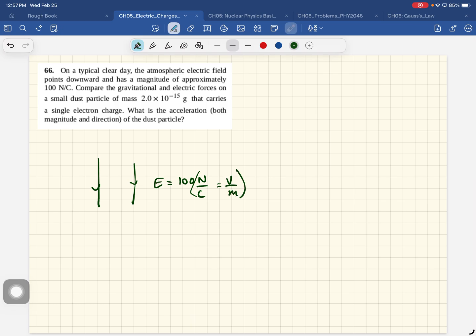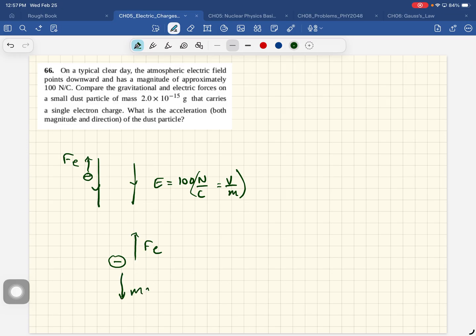What is the acceleration of the dust particle? We'll choose this direction as positive. So Fe minus mg equals mass times acceleration. Well, actually, first let's calculate Fe over mg. The force on the charged particle is the charge times E, so e times E divided by mg.